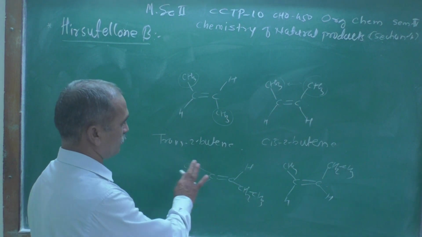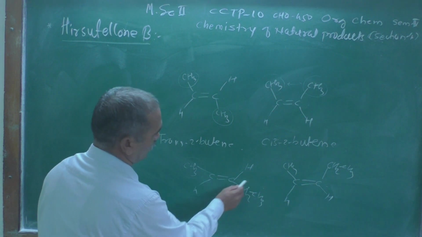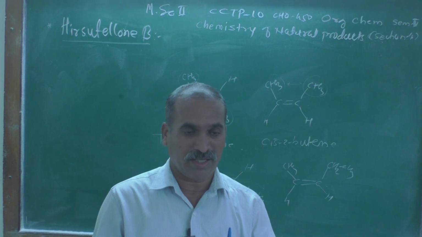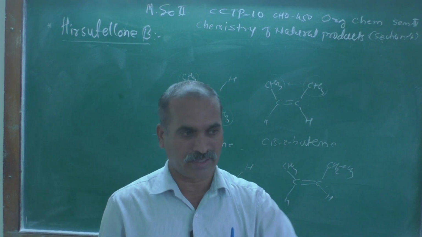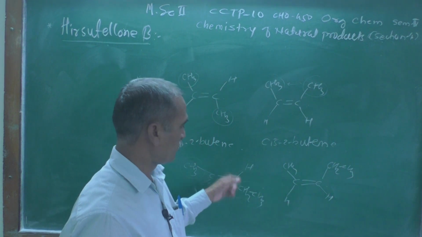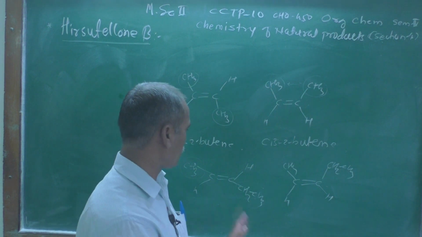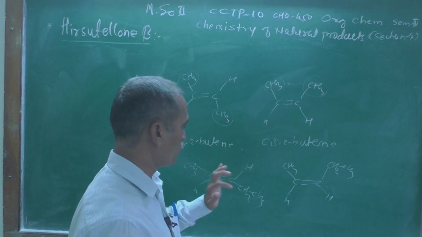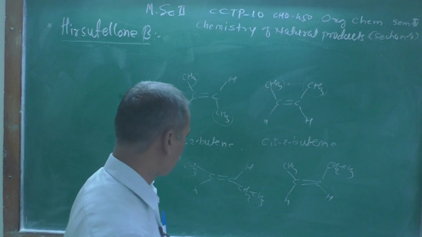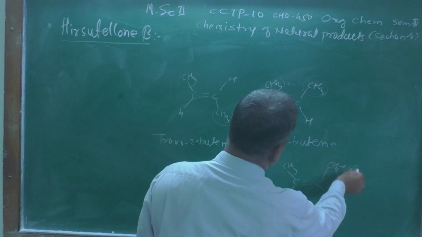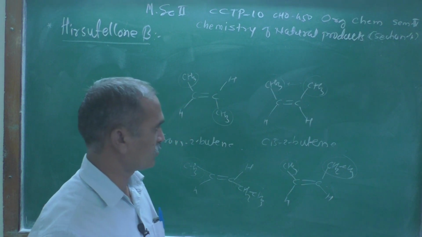Here you can say this methyl group and ethyl group may be similar, because alkyl and methyl are the bulkier groups, they are away from each other, so it may be a cis-trans isomer. This you can call a trans.